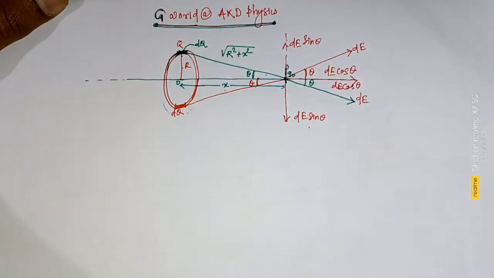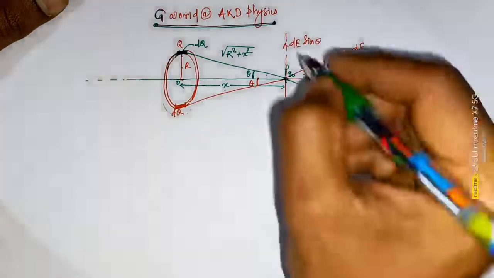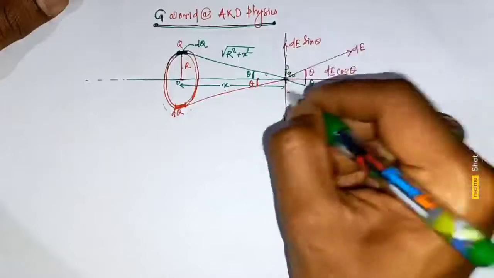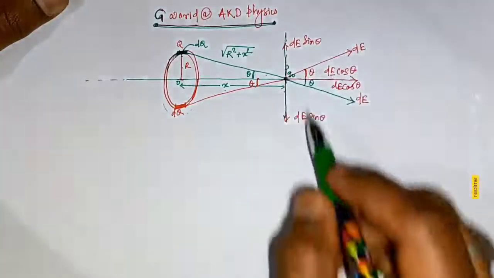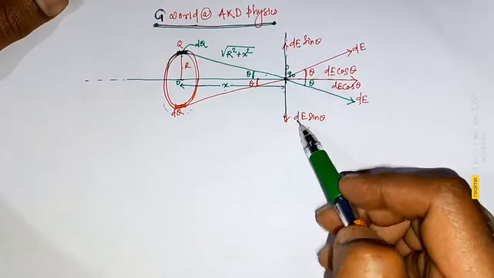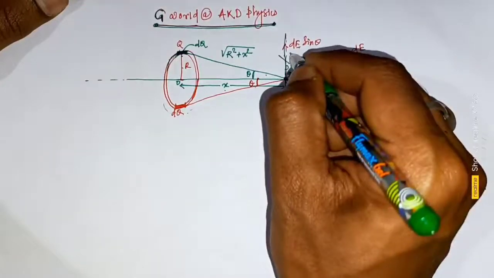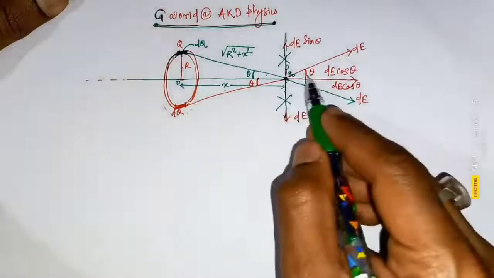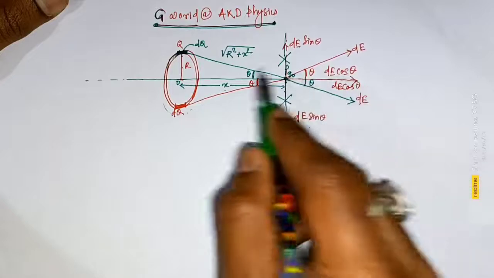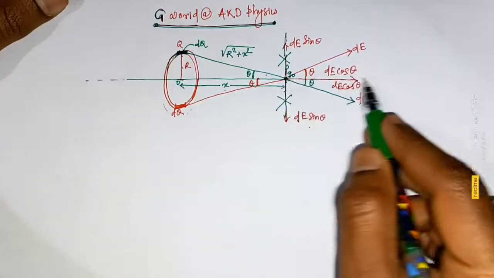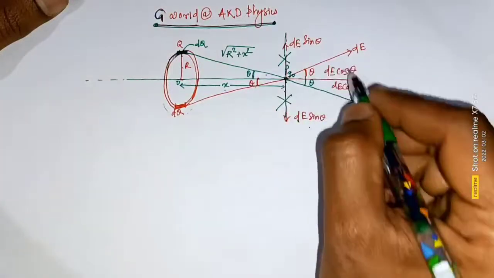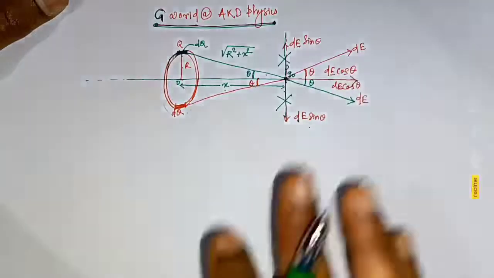So what is the important thing we observed here? This dE sin theta and dE sin theta are equal in magnitude but opposite in direction. These two components cancel each other. There will be a net electric field, and that will be in the x direction. This is dE cos theta, dE cos theta.